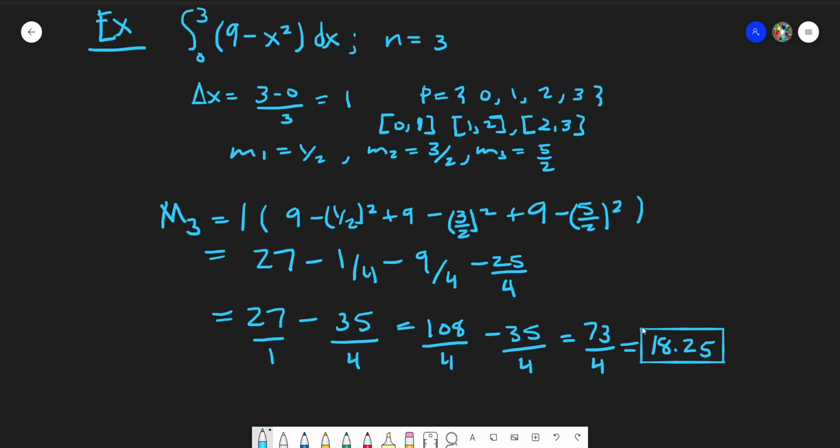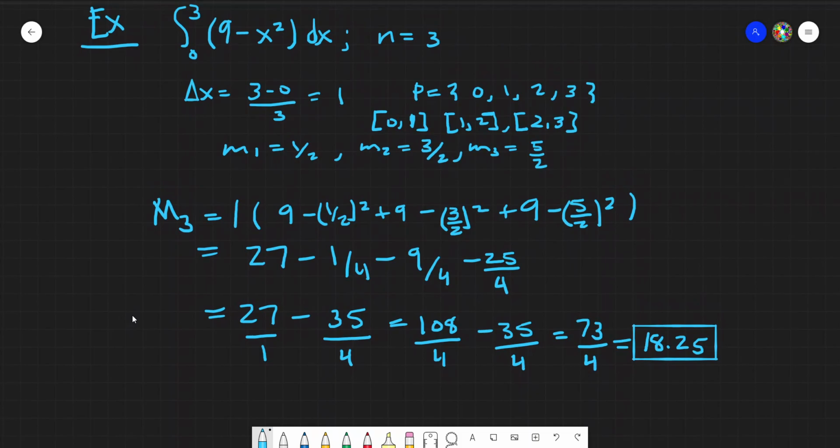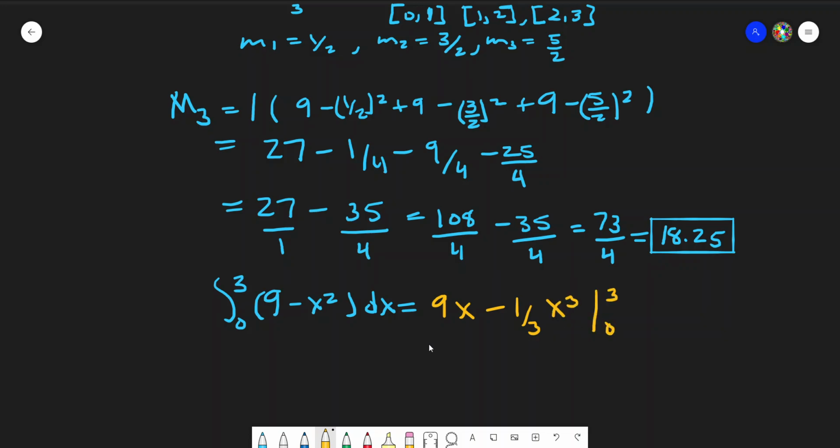Now, what if we were to find the real area for 9 minus x squared? In that case, if you integrate from 0 to 3 of 9 minus x squared dx, it's going to give you 9x minus 1/3 x cubed from 0 to 3, which is 27 minus, 27 divided by 3 is 9, so it's going to be 18.